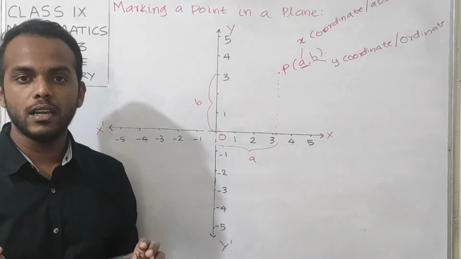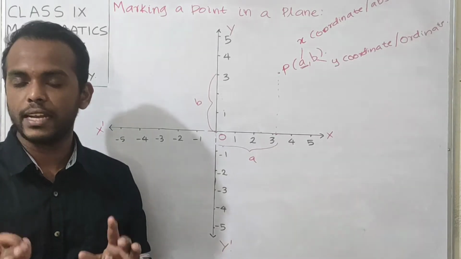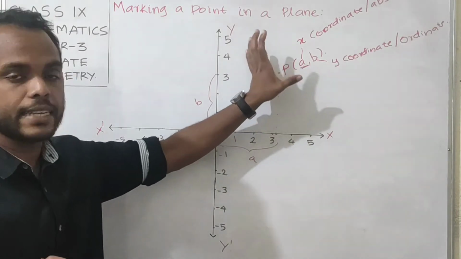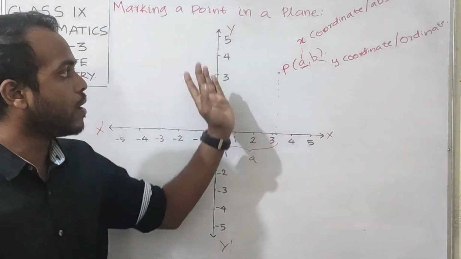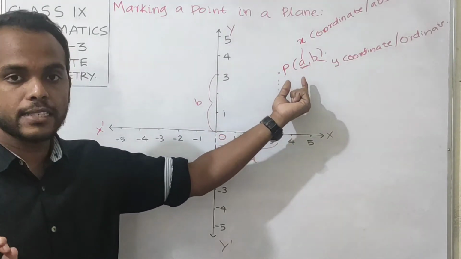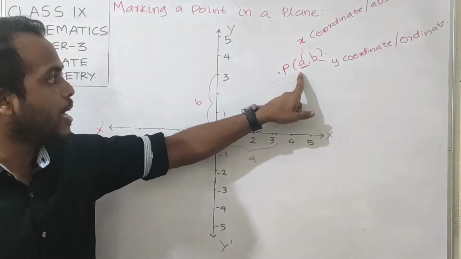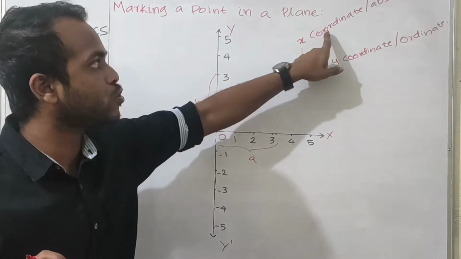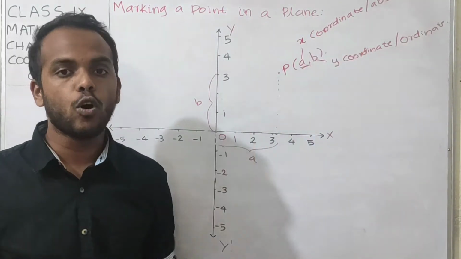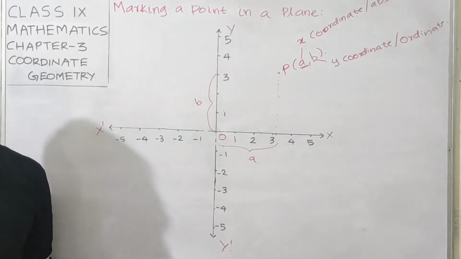If this idea is not so clear, we will use examples to demonstrate it. So all we need to do is understand the definition: P is a point, and A and B are its coordinates. A is the x coordinate or abscissa, and B is the y coordinate or ordinate.